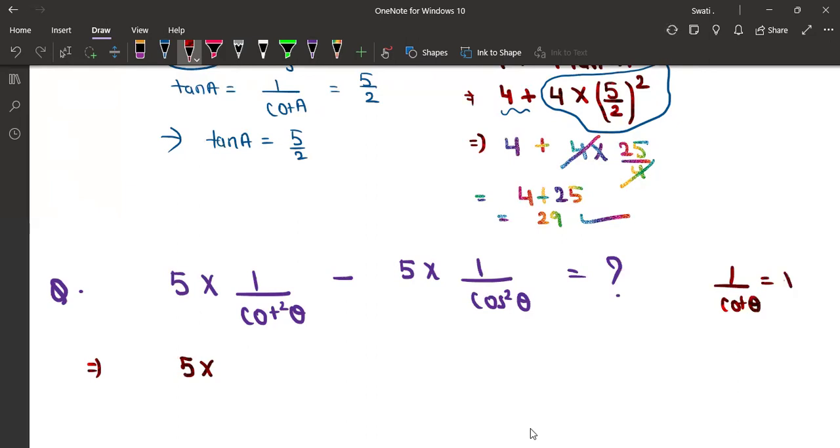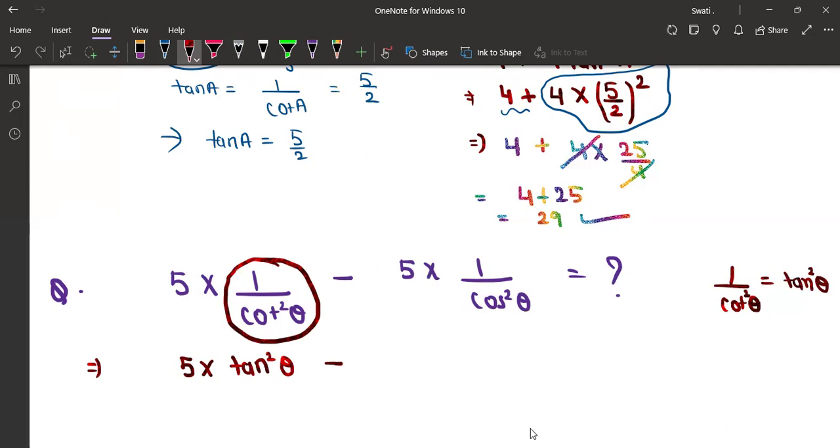Cot theta is the reciprocal of tan theta. Can we not write down 1 upon cot theta is tan theta? We can, right? This is the formula. So what if I write down 1 upon cot square theta? So will that not become tan square theta? Yes. Right? So using this formula, in place of 1 upon cot square theta, I am writing tan square theta.